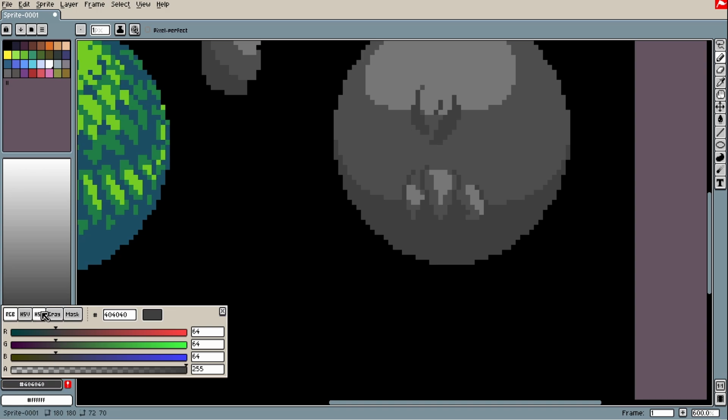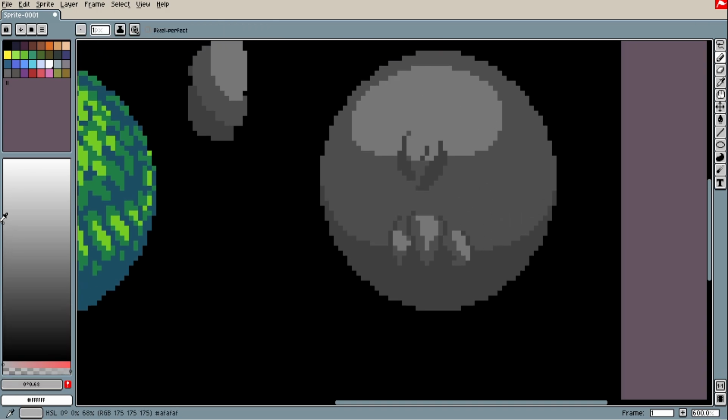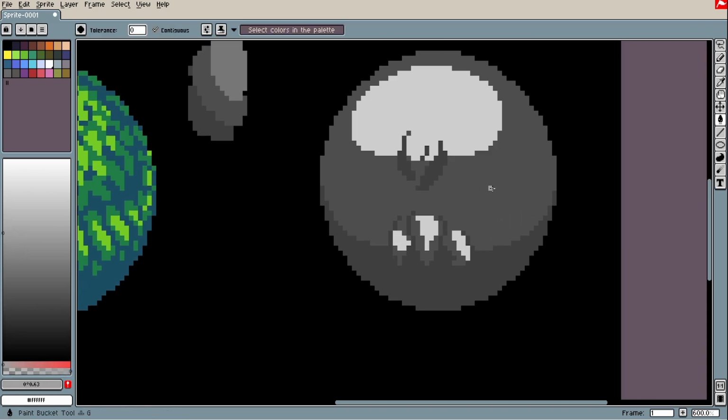For example, if it is a white bird, this would be very white. This would be a little bit white.